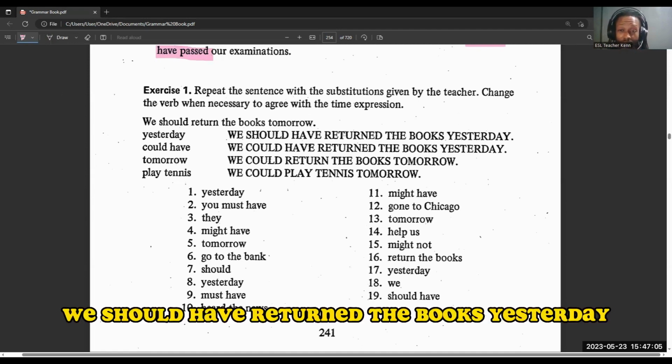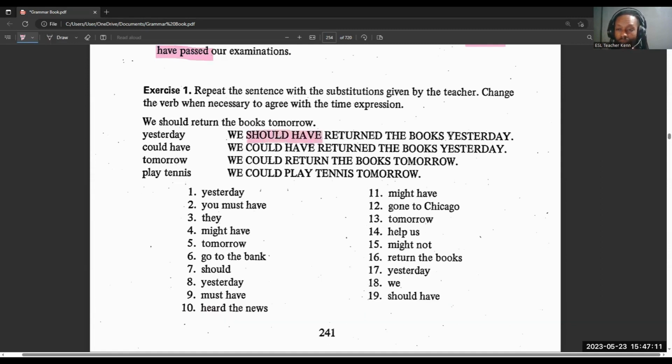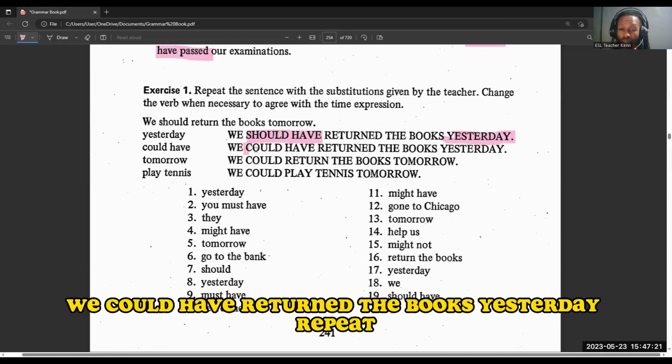We should have returned the books yesterday. Could have. We could have returned the books yesterday.